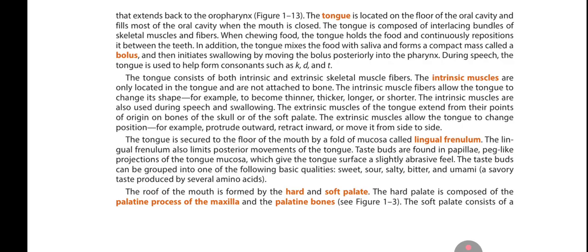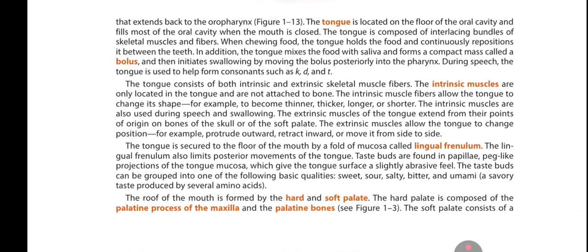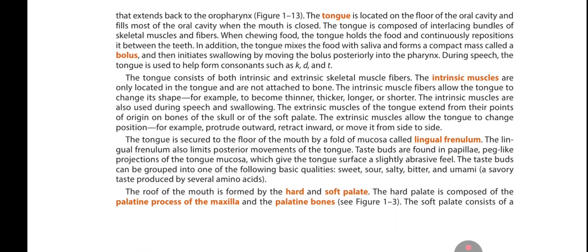Okay, so here the tongue is secured to the floor of the mouth by a fold of mucosa called the lingual frenulum. The lingual frenulum is below our tongue, which keeps it in position.